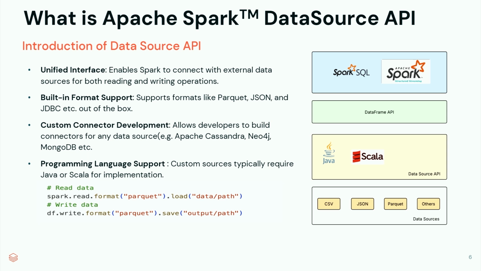And if you ever need to provide support for your own data source, then we can implement Apache Spark's data source API, which has two versions, version 1 and version 2. But for that, we need to know Java or Scala, because that API only supports implementations in Java and Scala. Using that API, many vendors have already built connectors, like the Apache Cassandra Spark connector and the Neo4j connector.